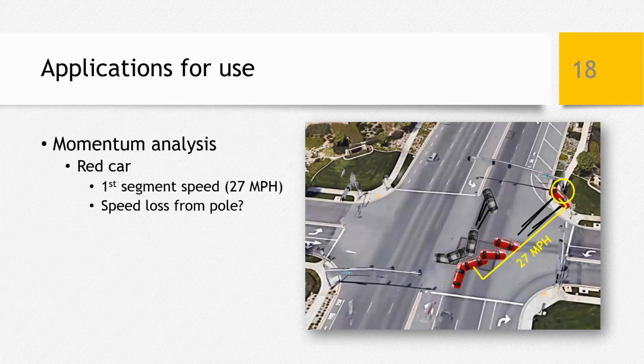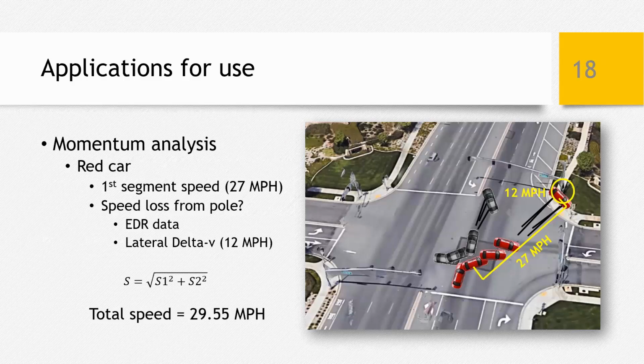The EDR may record multiple events throughout this crash sequence: the initial impact with the gray car, the contact with the curb, anything else that's going along this, and ultimately it may capture the impact with the pole. So analyzing the data, the lateral delta V associated with the impact with the pole in our example here showed the delta V to be 12 miles per hour. So using a standard combined speed formula, the total speed was determined to be about 29.5 miles per hour.